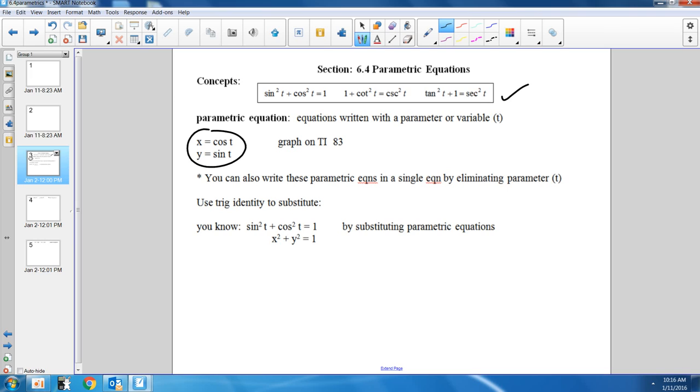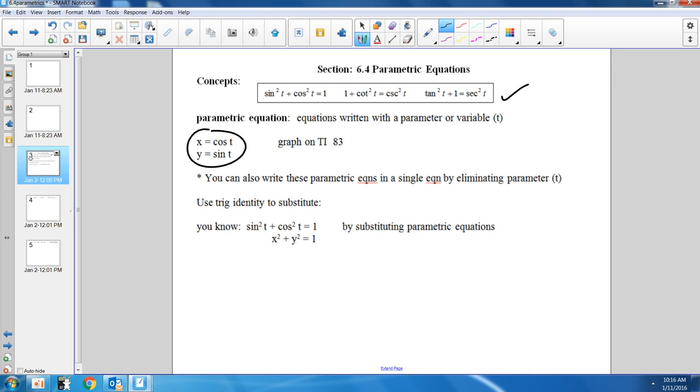In other words, what I want to focus on is eliminating the parameter t. The way to eliminate the parameter t is to start with an identity and substitute in values, and once you do that, you're pretty much done.